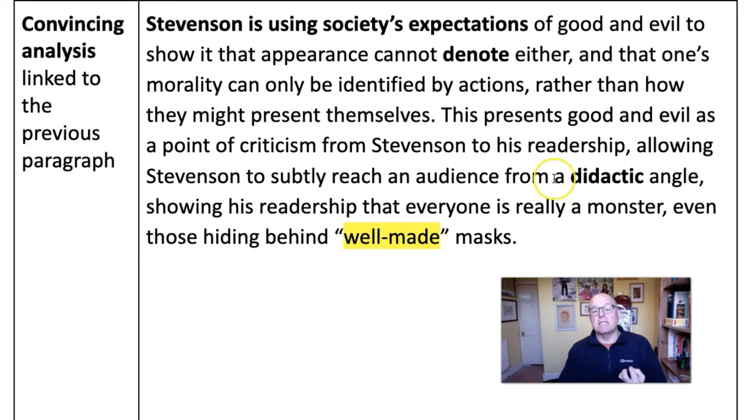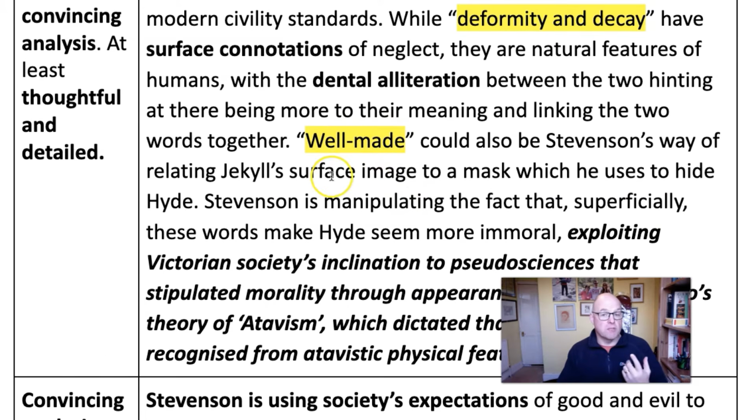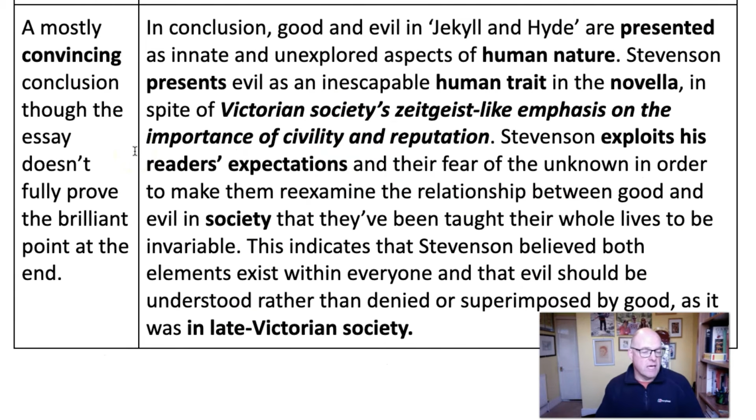That means he's in the role of teacher, showing his readership that everyone is really a monster, even those hiding behind well-made masks. So that's a brilliantly crafted paragraph, and it comes back to that original quote we had in the previous paragraph.